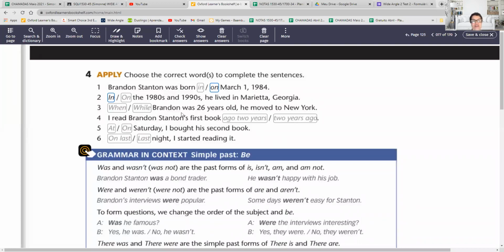So, okay, let's try to understand. I use while when I want to say that an activity was happening or is happening in a continuous, progressive way. So while is for progressive sentences in the past or in the present.